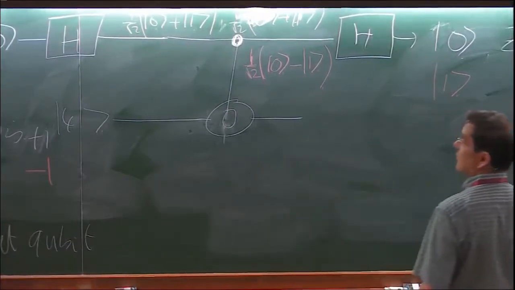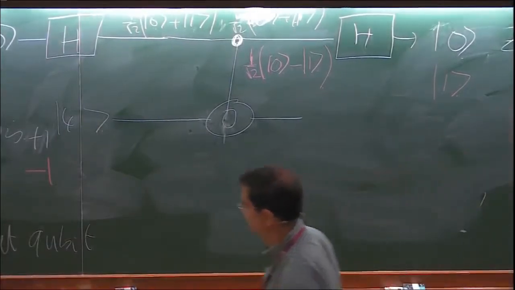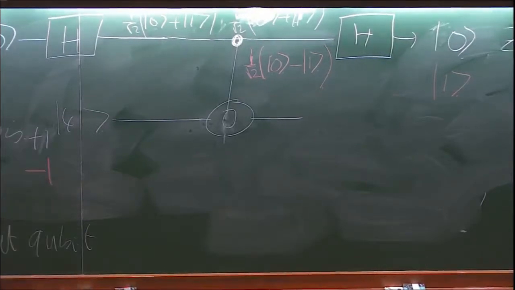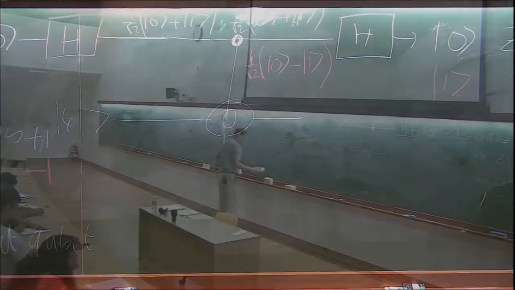what sort of errors we can have. Okay. So we're going to change gear a little bit. Because these errors come because our qubit is coupled to the environment, we're going to have to talk about the environment.